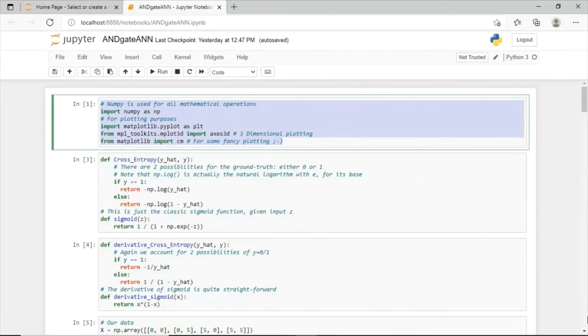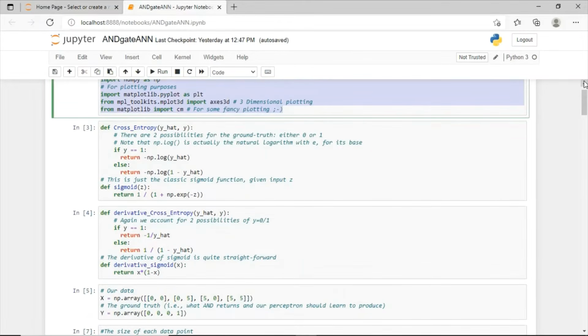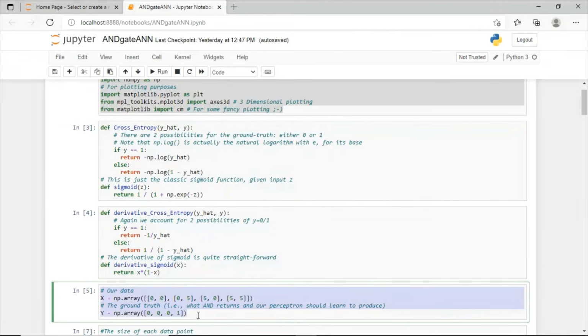In that case, we have to remember all the time what dataset we are using. But nevertheless, try to understand the main focus is how to design the cross entropy function and where to use it. So after these library functions, now I am building the dataset.